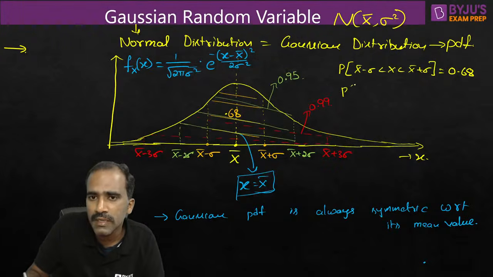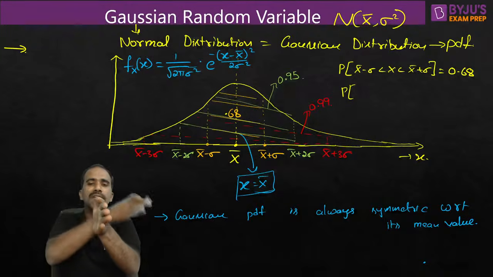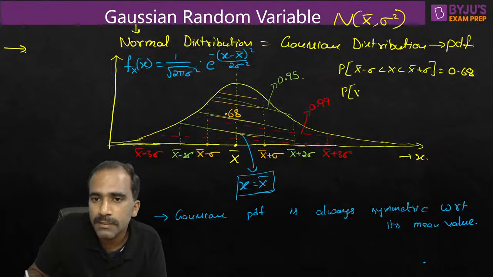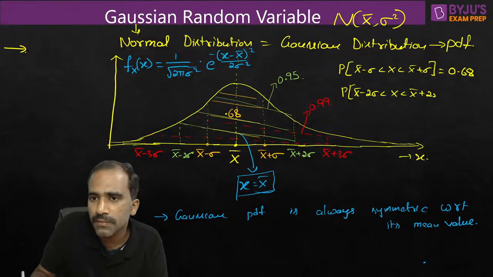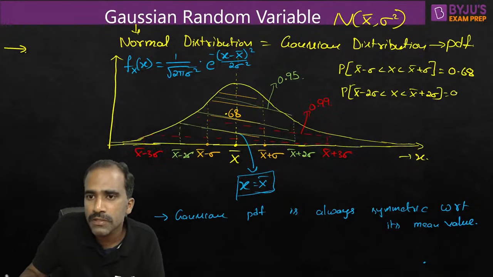Next, similarly, the probability that the random variable takes any value within two standard deviations on both sides is 0.95: x bar minus 2 sigma less than x less than x bar plus 2 sigma. So if you find the area of this curve from here to here, it will turn out to be 0.95.